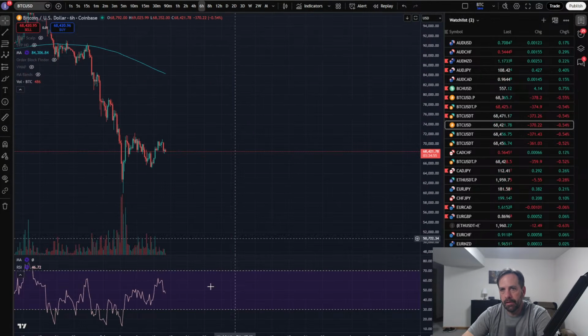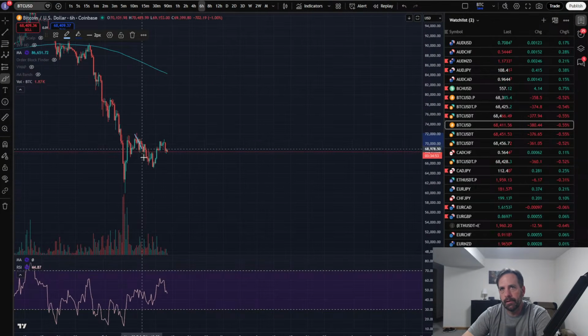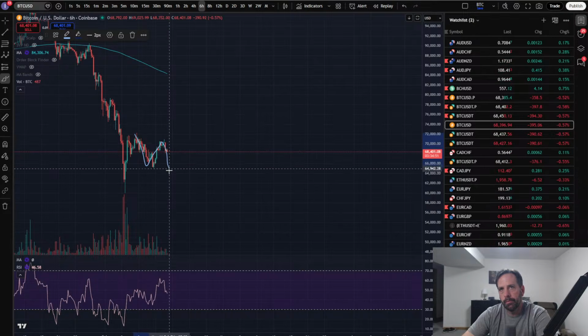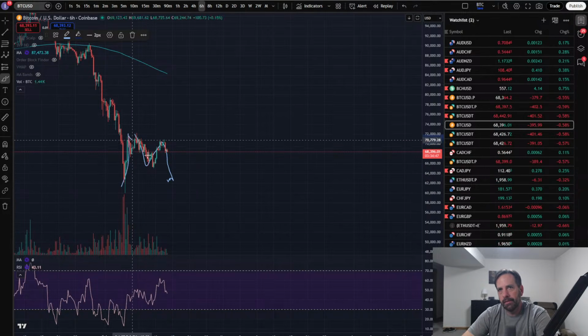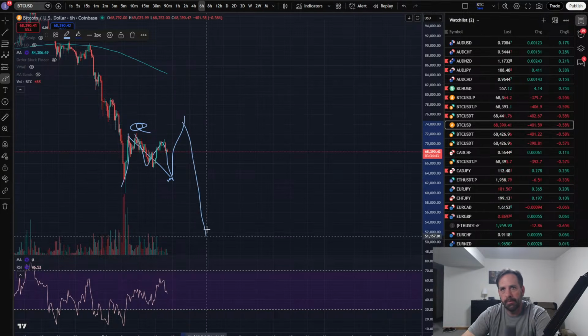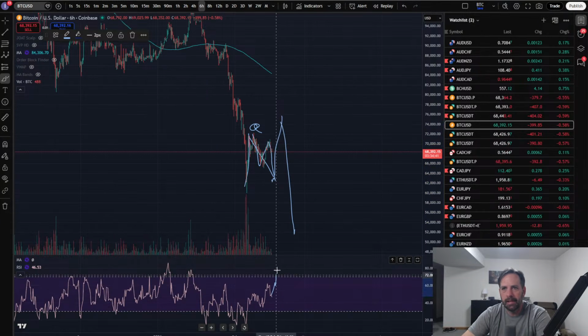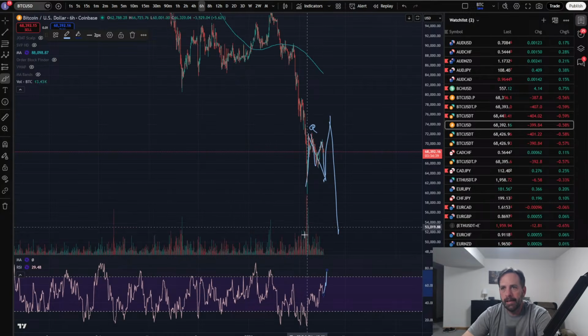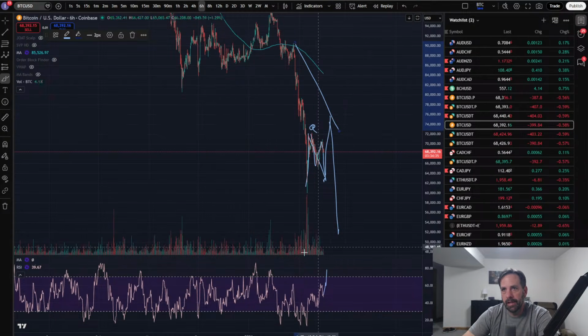Well, again, this could be just a larger correction where this is boom, boom, boom, right? It comes down, and this is some kind of A wave. This is a B wave. You get a C wave, takes this level out, and then it rolls over, comes down for the fifth. Now, if that happens, you're going to get what we call hidden bearish divergence, where you're going to get that kind of move there and that kind of move there in the RSI.